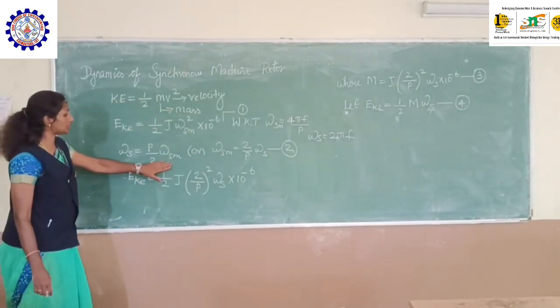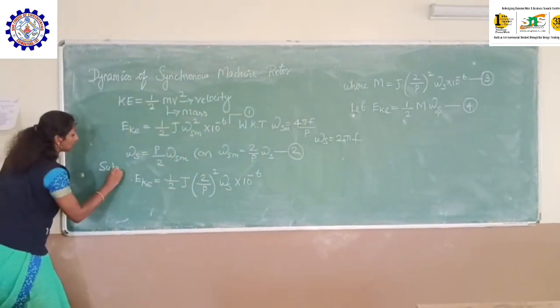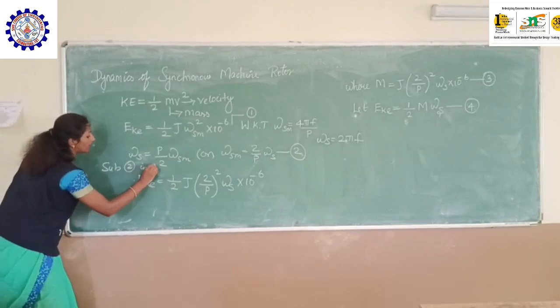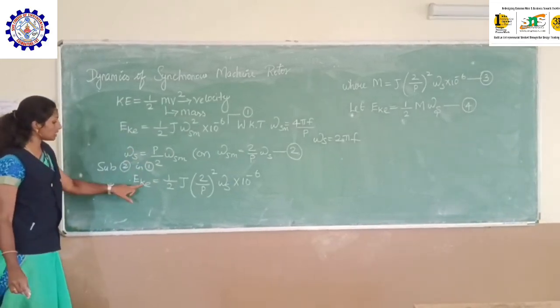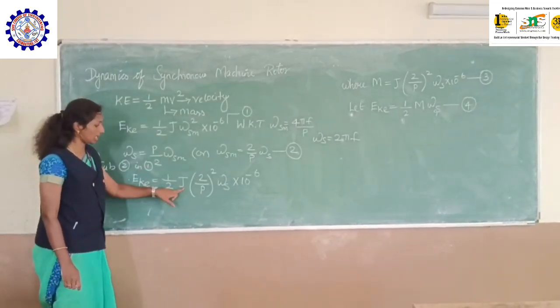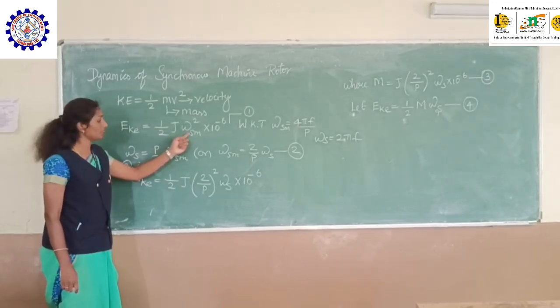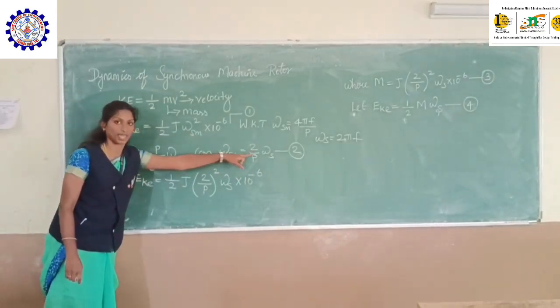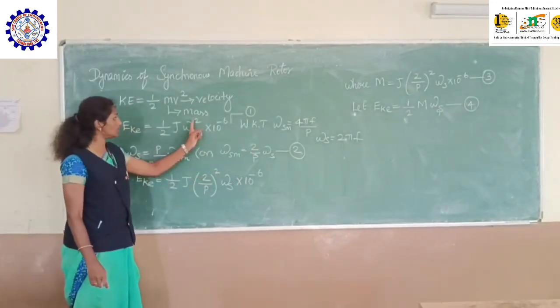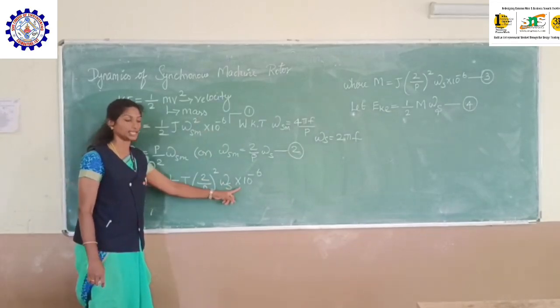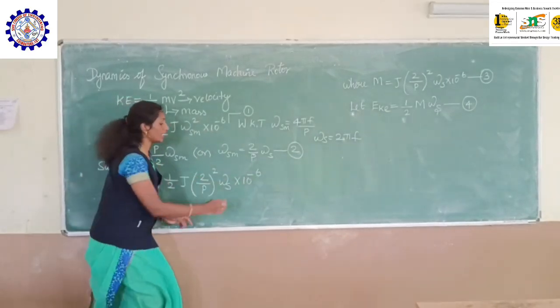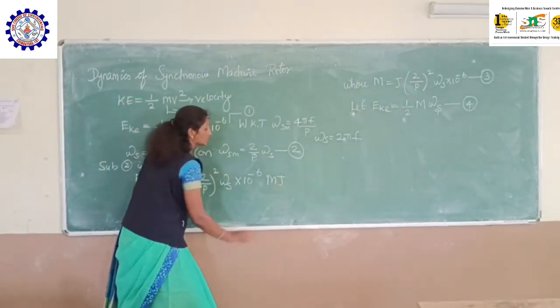So by substituting equation 2 in 1, we get E_K is equal to half J. Instead of omega Sm, we have substituted 2 by p into omega S. So 2 by p whole square into omega S square into 10 power minus 6, where we are representing it in megajoules.